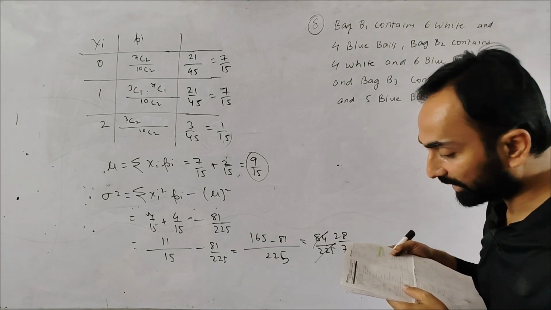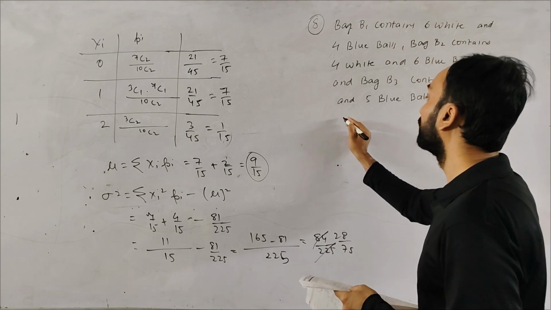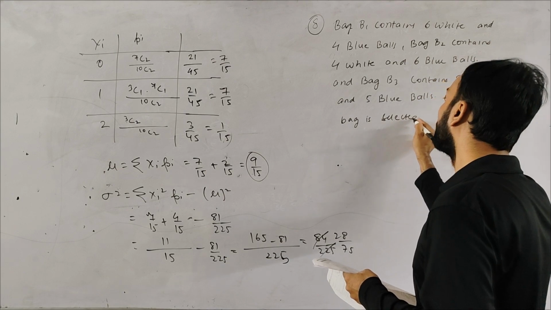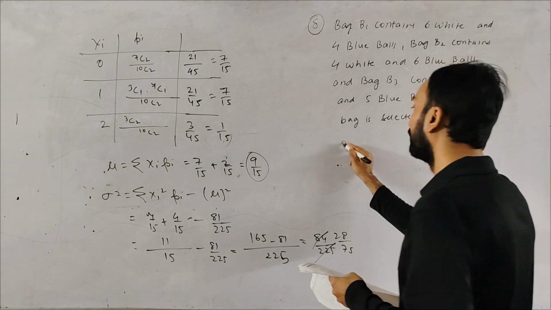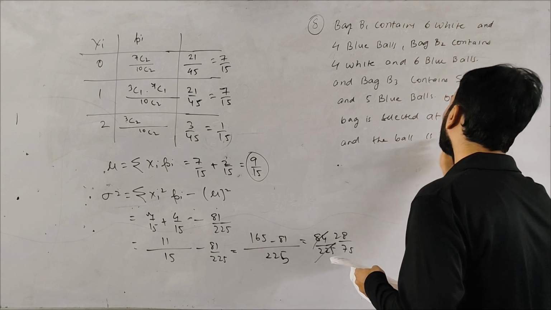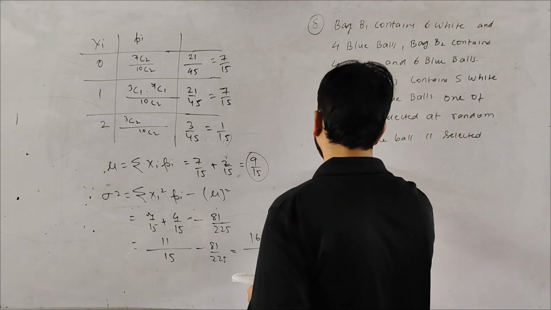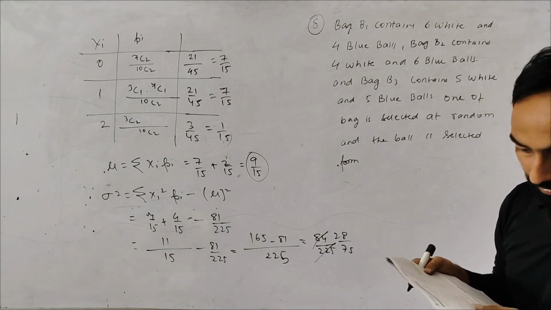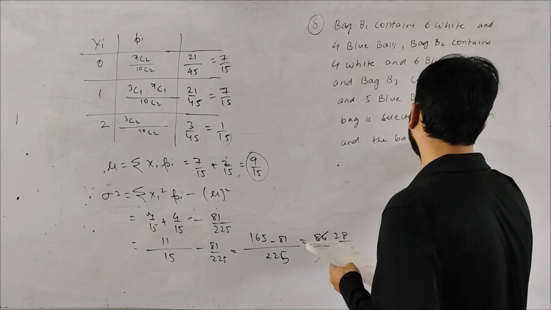One of the bags is selected at random and a ball is drawn from it. Okay, so we are choosing one bag randomly and one ball is drawn from it.